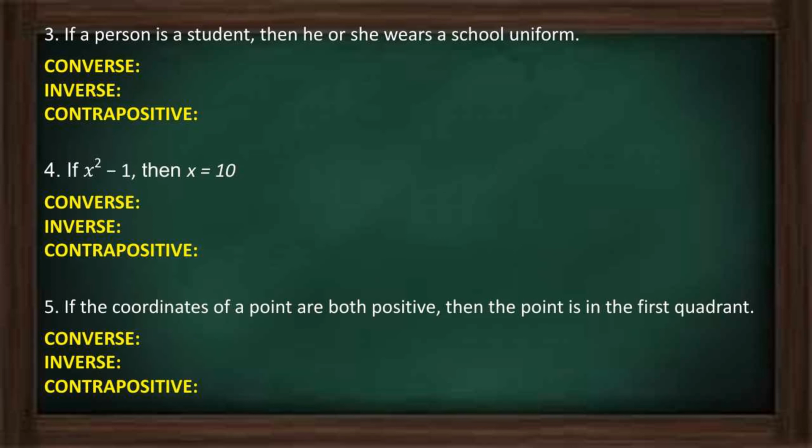Number 3. If a person is a student, then he or she wears a school uniform. Number 4. If x squared minus 1, then x equals 10. And number 5. If the coordinates of a point are both positive, then the point is in the first quadrant.